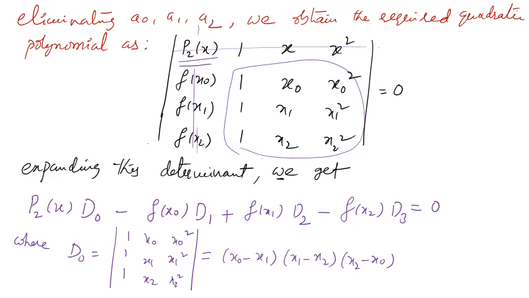And remember how to write this. First x0, next x1, next x2, next again x0. So first x0 minus x1, next after x1 what is the value? x2. Then x2 then x0, like this.